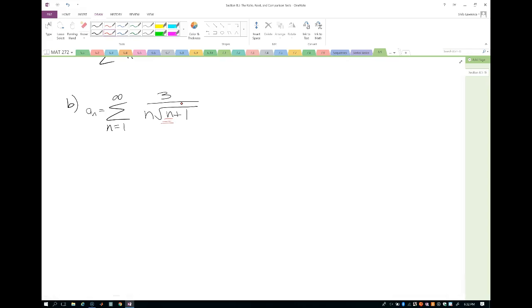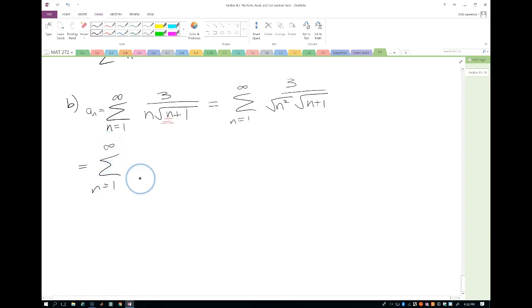So I'm going to do a little bit of algebra rewriting here. So that n in the front is the same thing as the square root of n squared. And now that both factors in the bottom are under a square root, we could really combine them and say this is the square root of n cubed plus n squared.